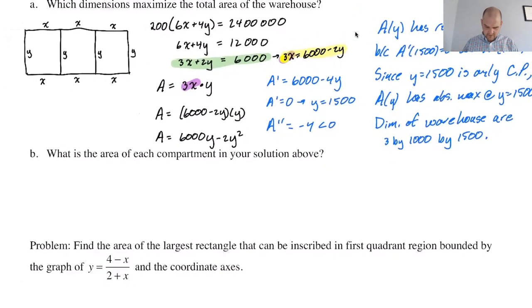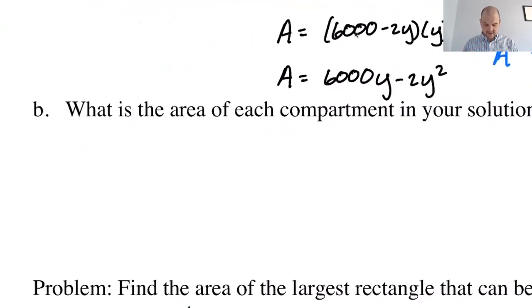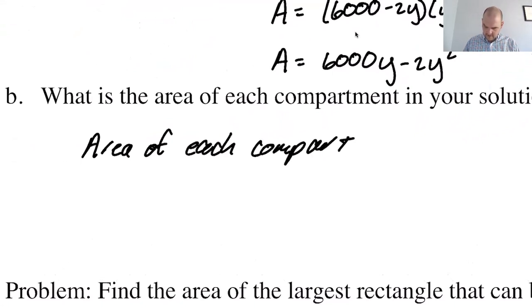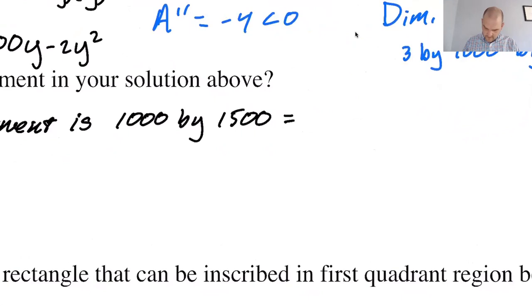What is the area of each compartment in your solution above? The area of each compartment is just x times y. Area of each compartment is 1,000 by 1,500, which equals 1,500 and then 3 zeros.